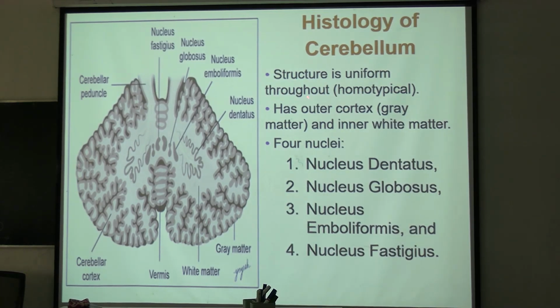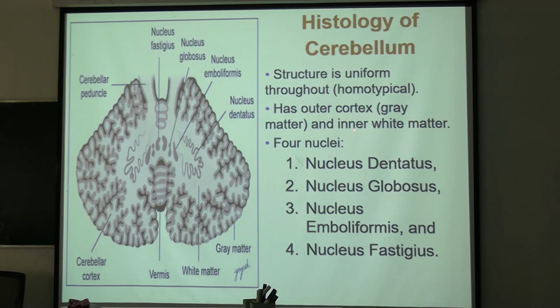Next, the structure of the cerebellum is uniform throughout, that is homotypical. It has an outer cortex formed by gray matter and inner white matter, and four nuclei.